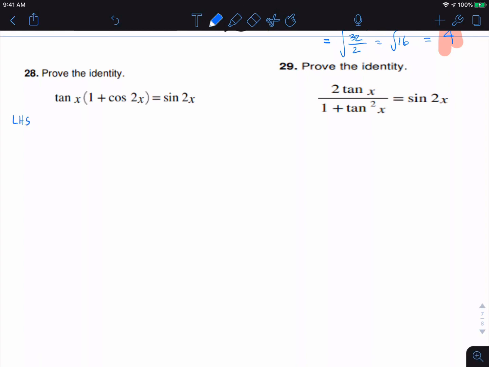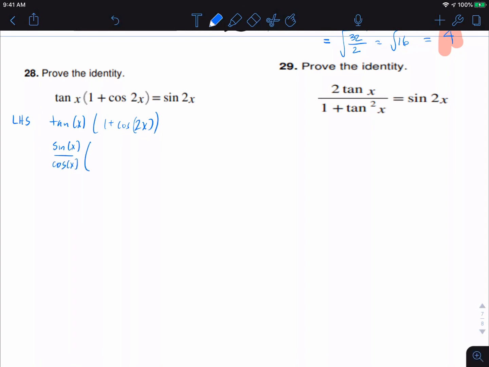And so what I'm going to do is, all right, tangent of x times 1 plus cosine of 2x. And what I'm going to try to do is see if I can change everything to be in terms of sine and cosine. So I'm going to go sine of x over cosine of x.